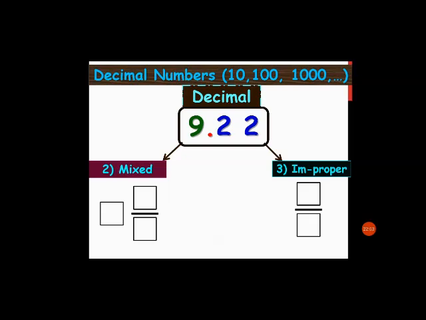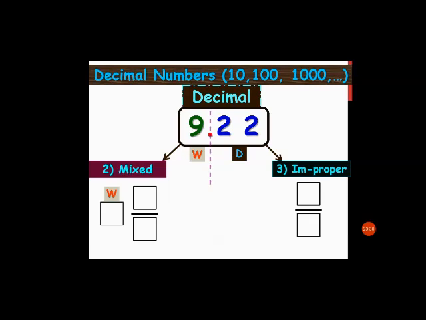Improper, okay, I'm going to imagine that I have numerator and denominator, and the numerator should be greater than the denominator. So now, in order to reach the mixed number, first, I have to know that the decimal point separates the number into two parts. The first is the whole number to the left, and to the right we have the decimal number or the fractional form.